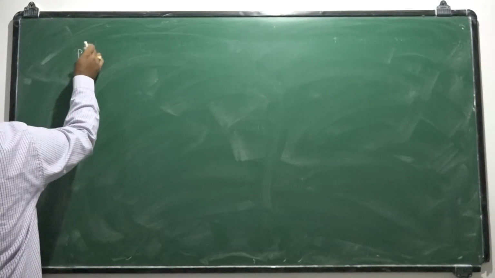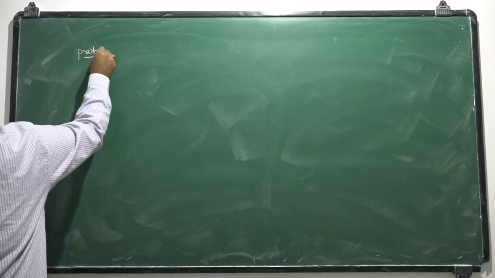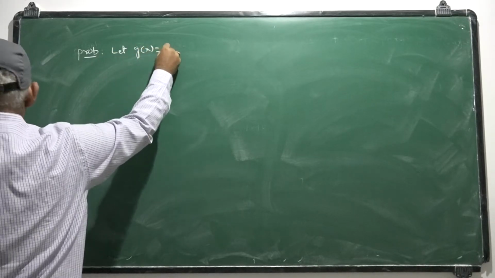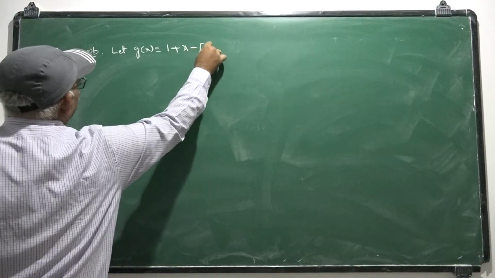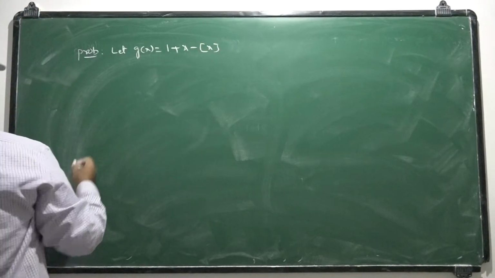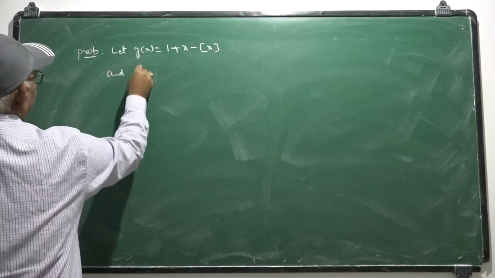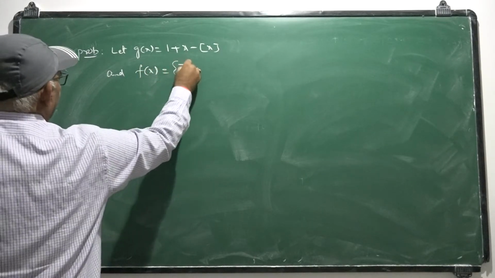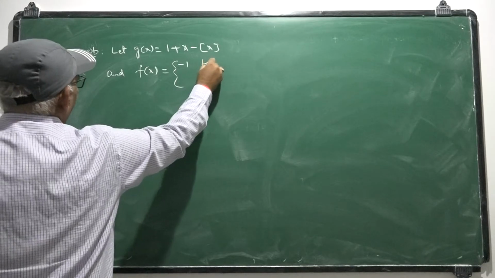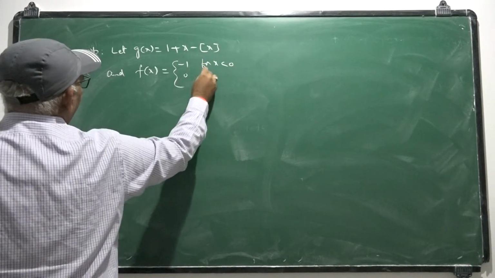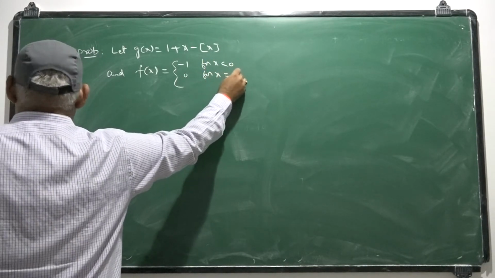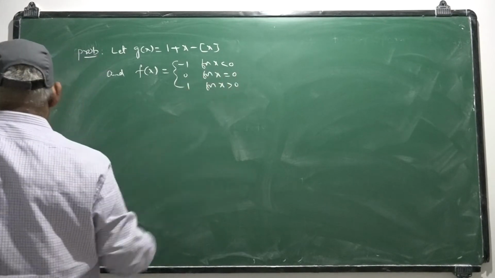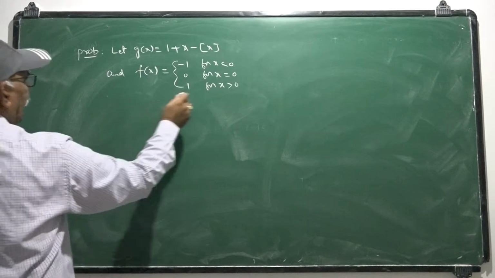Next problem. Let g(x) = 1 + x - [x], where [x] is the step (greatest integer) function, and f(x) = -1 for x < 0, 0 for x = 0, 1 for x > 0, for all x.